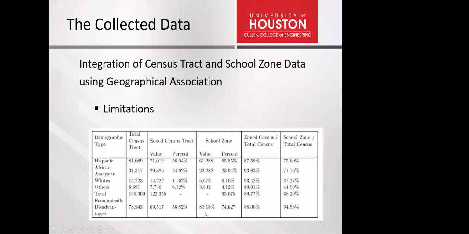Then we estimated these values from the interaction matrix using the census tracts. We see that there is a mismatch between these two sets of information, and that is because the information at the census tract level is not uniformly distributed. So there is a need for a new method that can integrate these two data sets, and then we can use that data to predict the vaccination demand in census tracts and school zones.